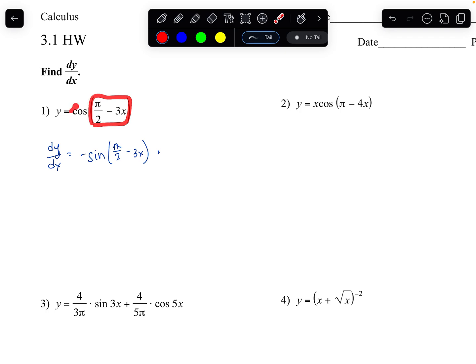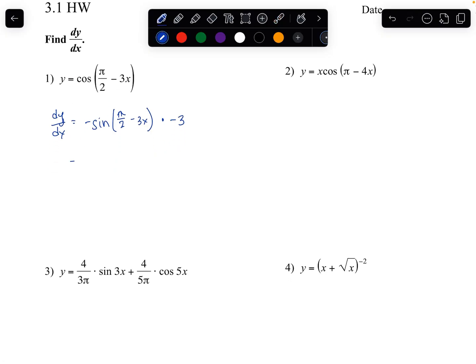I'm going to ignore the outside. I'm going to look inside and think about what's the derivative of this inside part. Well, the derivative of pi over 2 is 0. The derivative of negative 3x is negative 3. So times negative 3. And if you simplify this, you'll get 3 sine of pi over 2 minus 3x. And there you go.